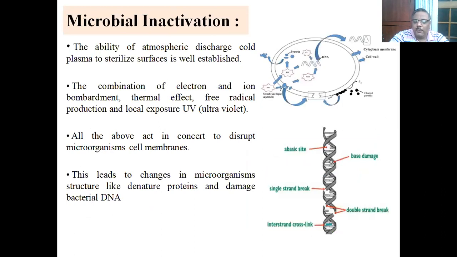How microbial inactivation takes place with plasma depends on the ability of the atmospheric discharge cold plasma to sterilize surfaces. It involves the combination of electron and ion bombardment, thermal effect, free radical production, and local exposure. By local exposure, we mean the ultraviolet. All of these act in combination to disrupt the microbial cell membranes and the DNA structure.